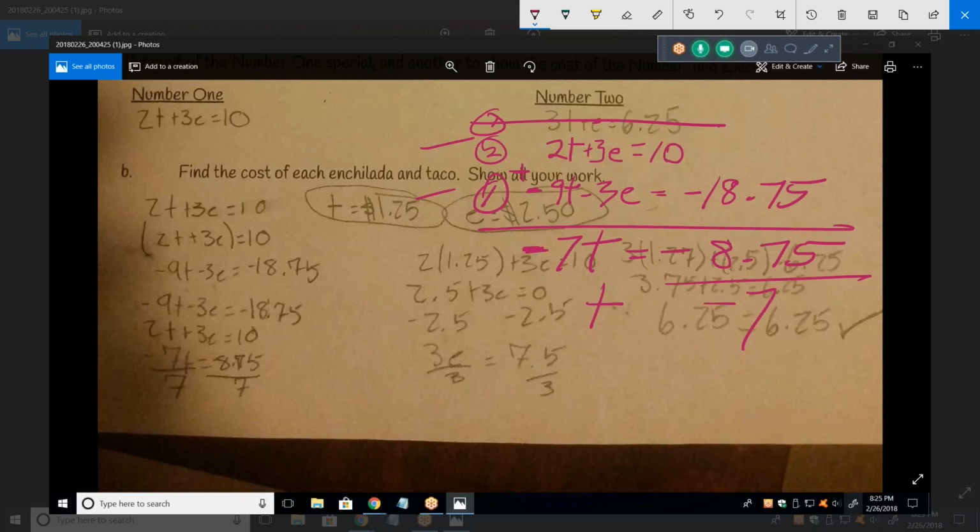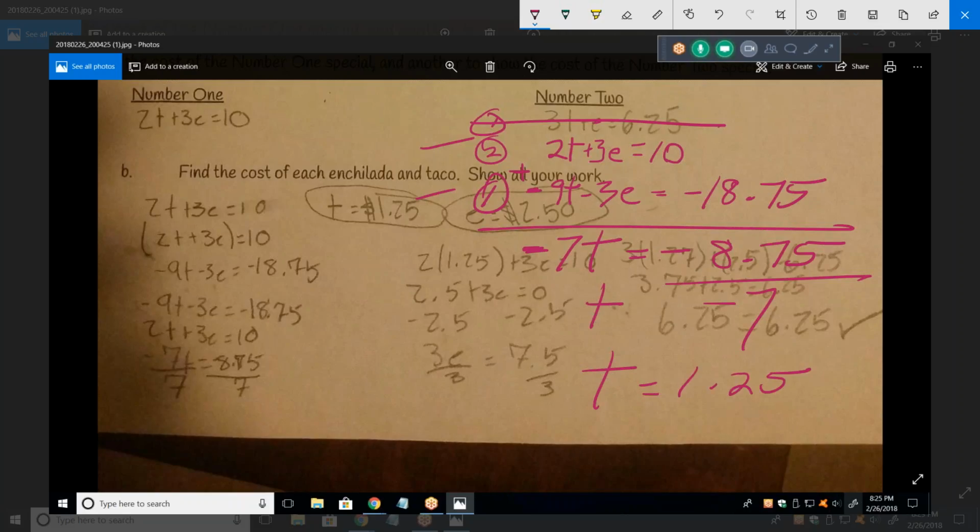Let's go ahead and do that in your calculator. 8.75 divided by 7, basically, since the two negative signs cancel. 1.25. 1.25, good.